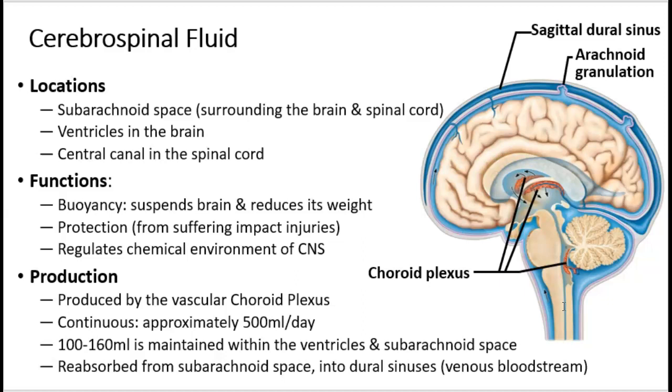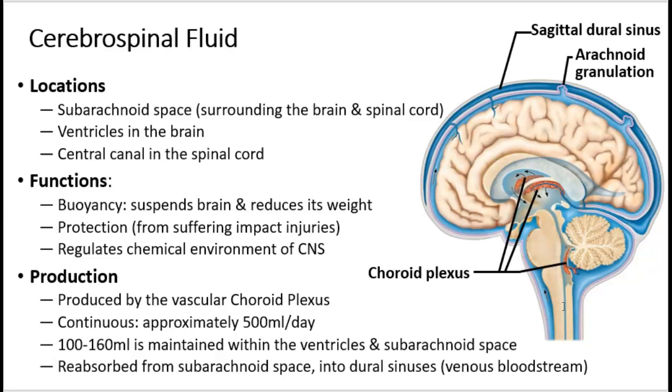central nervous system. It's produced by the vascular choroid plexus, which is labeled on the diagram as the red tufts of capillary beds. And this is continuously produced. Cerebrospinal fluid is continuously produced, approximately 500 milliliters each day.